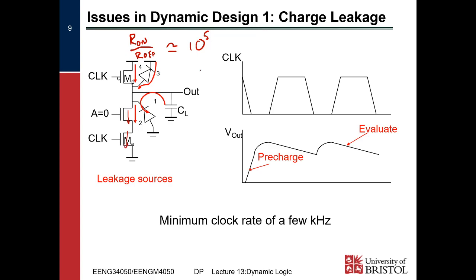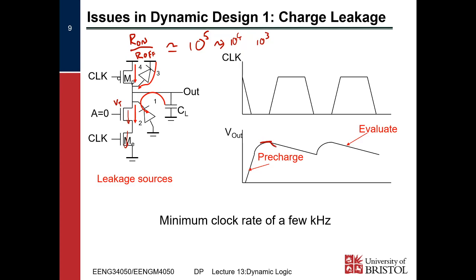And especially if we start using low VT transistors, that might go down to 10 to the 4 or 10 to the 3 as we start to reduce our VT here, right? We've got leaky transistors, and so our voltage won't just stay up at VDD.